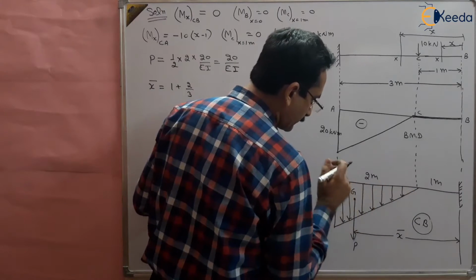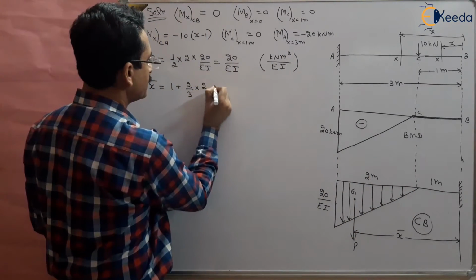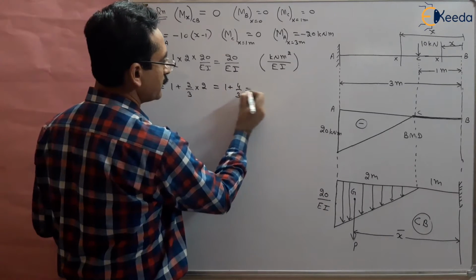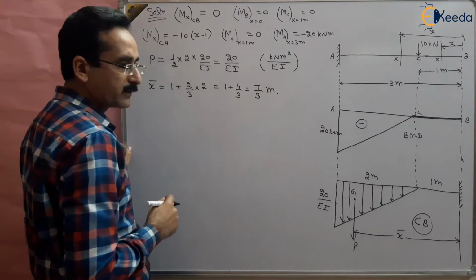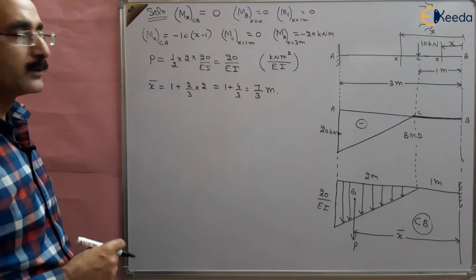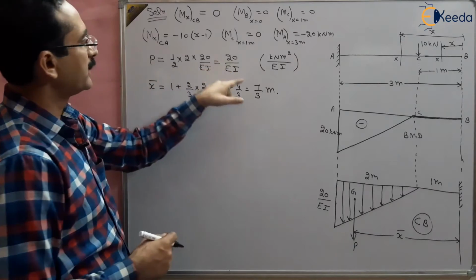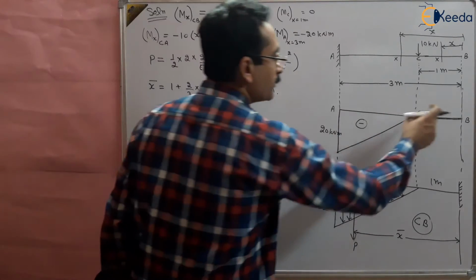So 2/3 of 2 meters is 4 by 3, and this will be equal to 1 plus 4 by 3, that is 7 by 3 meters. So x bar is 7 by 3 meters, the load is 20 by EI, and we have to find the slope and deflection at point B.